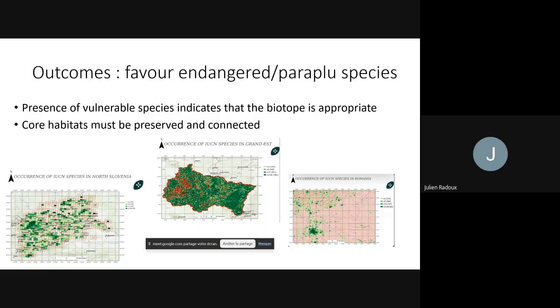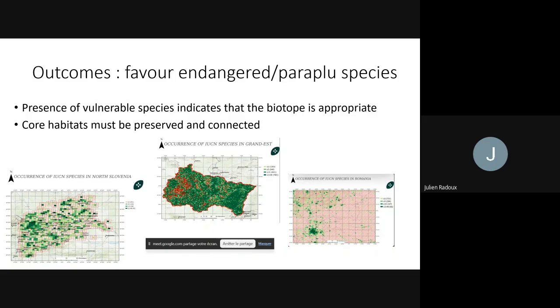So if you are in a good biotope and you find vulnerable species, that indicates that the management is correct, because otherwise those would not survive, because they are very fussy and they really have very strict needs. So if you don't find them, it doesn't mean that it's bad, but if you find them, it means that it's good.